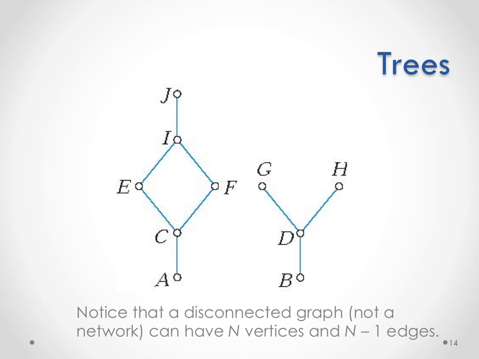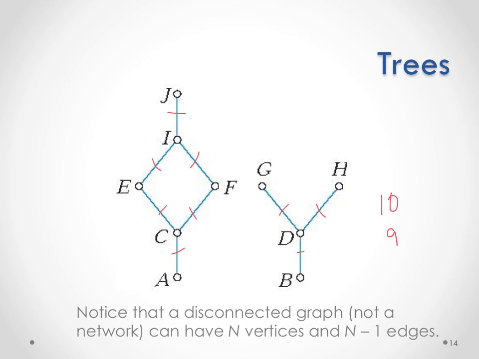But if you were to count it, how many nodes do we have? 1, 2, 3, 4, 5, 6, 7, 8, 9, 10. There are 10 nodes, so therefore there must be 9 links. 1, 2, 3, 4, 5, 6, 7, 8, 9. So this particular graph conforms to one of the properties, and I'll leave it up to you to remember which one. It satisfied the properties, but it definitely was not a tree.